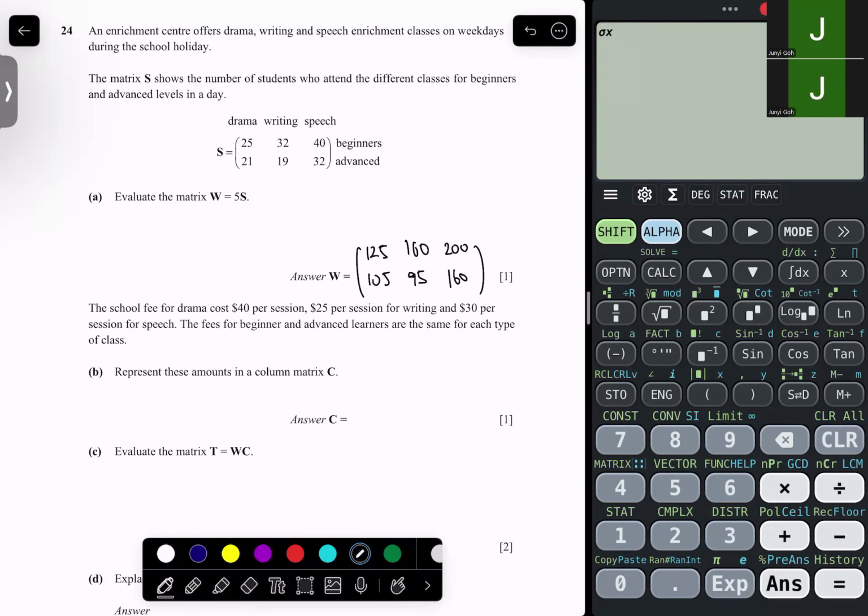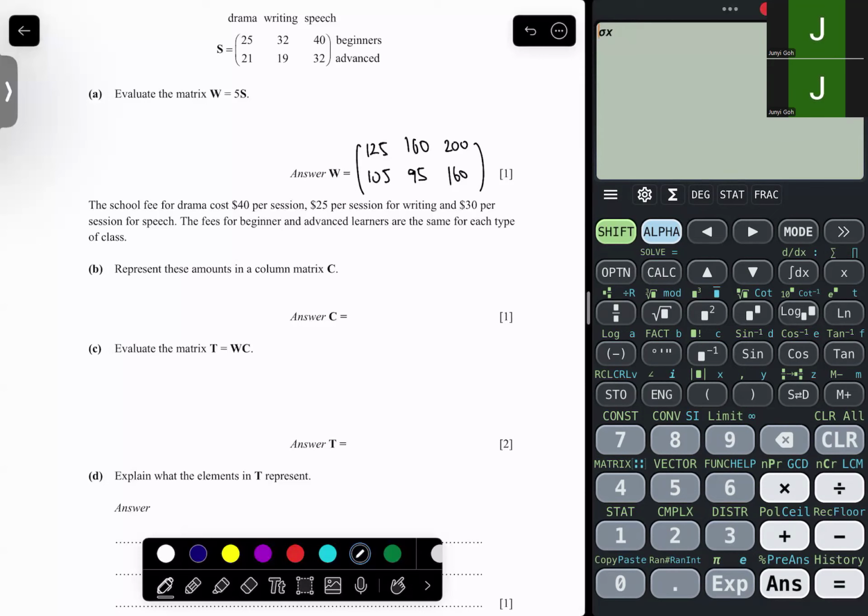Okay. The school fee for drama is 40, 25, and 30 per session. The fees for beginner and advanced learners are the same for each type of class. Represent these amounts in the column matrix C. So that means we will have 40, 25, 30.